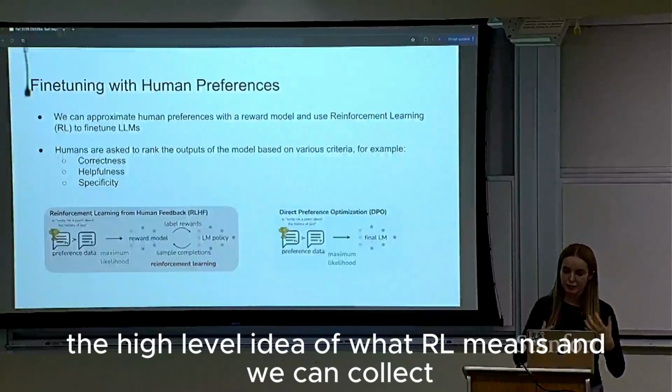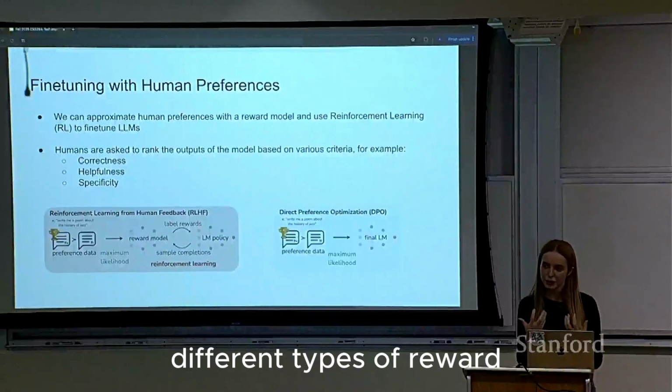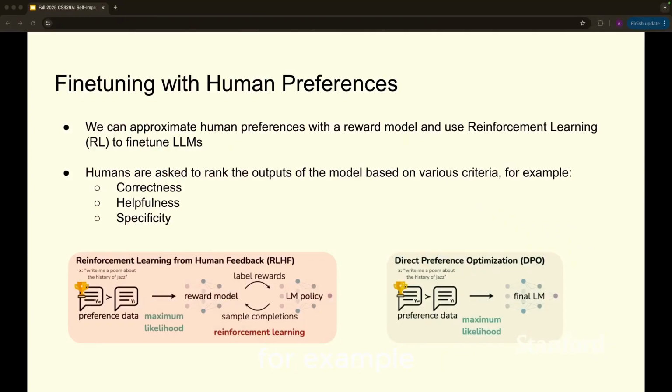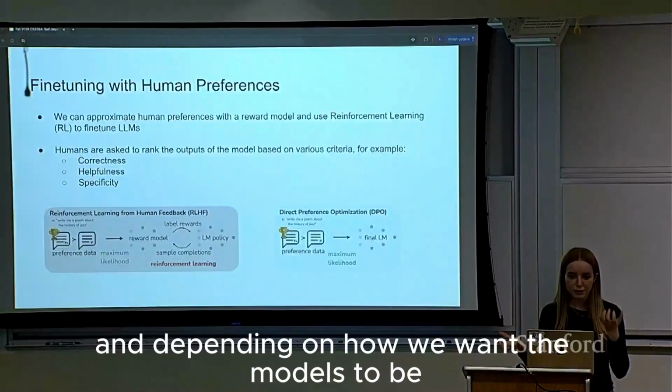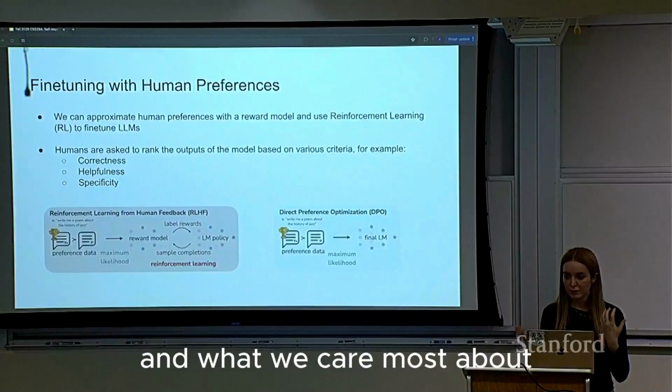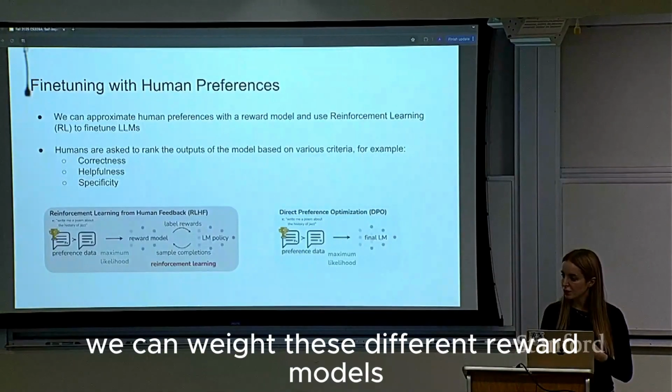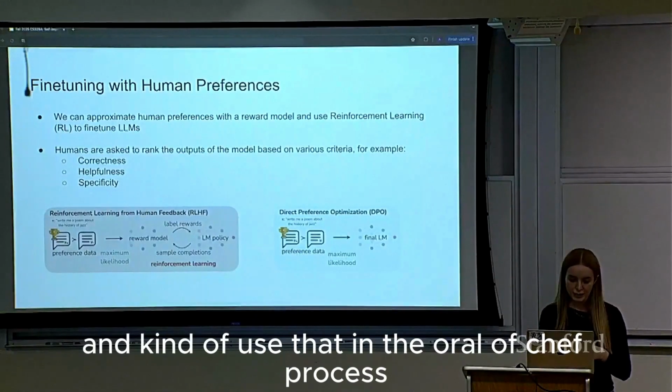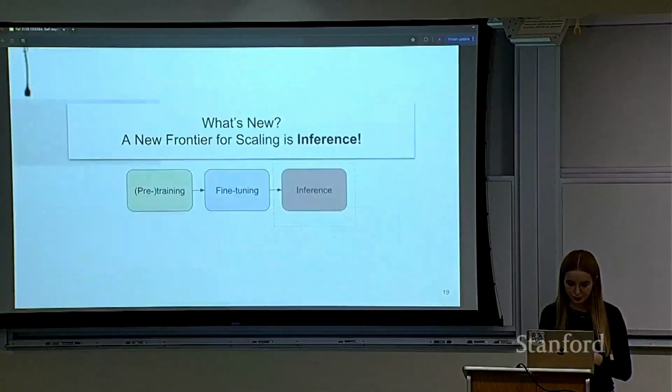We can have different types of reward. For example, we could reward a pair of answers based on their correctness or helpfulness or specificity or harmlessness, all sorts of reward functions that we can define. Depending on how we want the models to be and what we care most about, we can weight these different reward models and use that in the RLHF process.